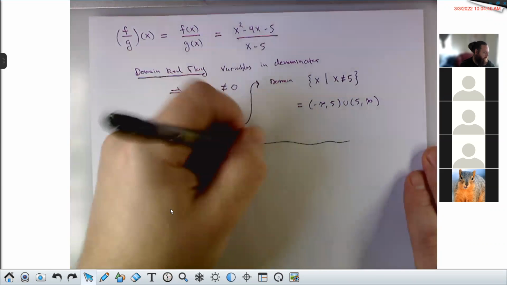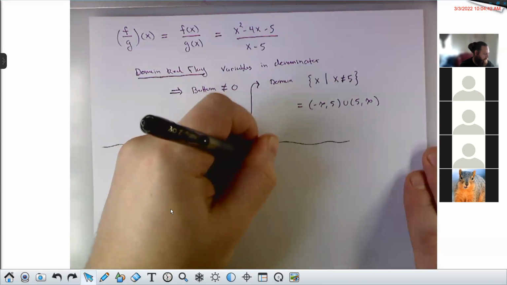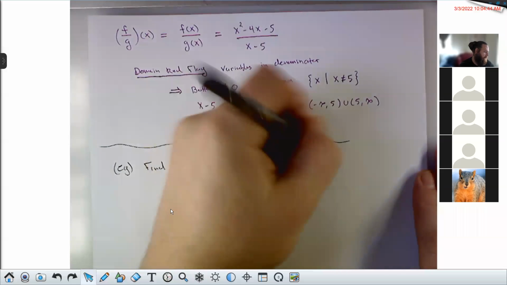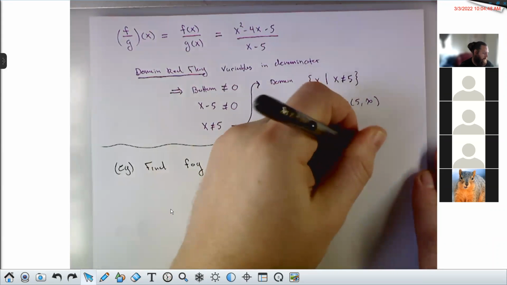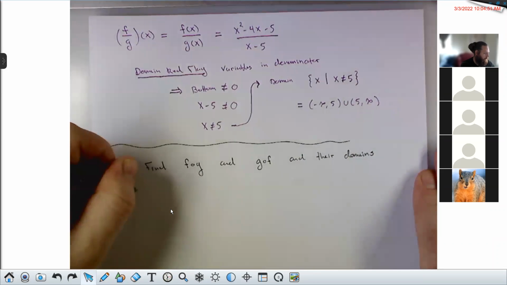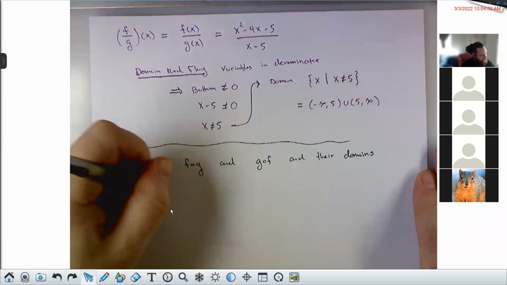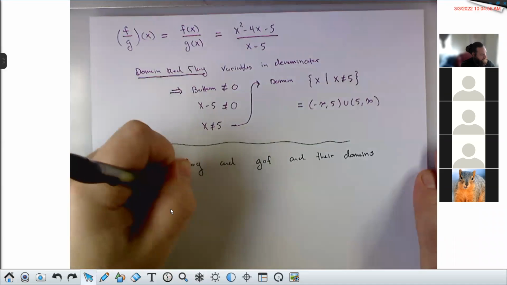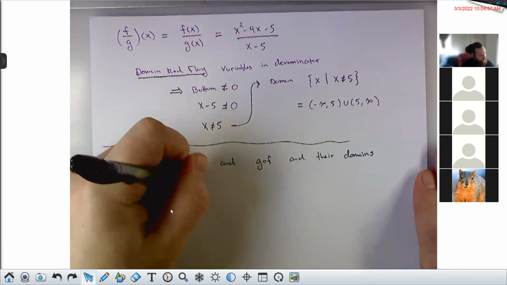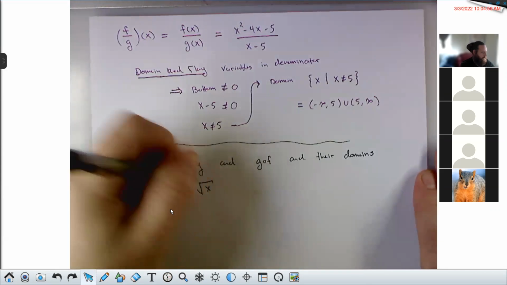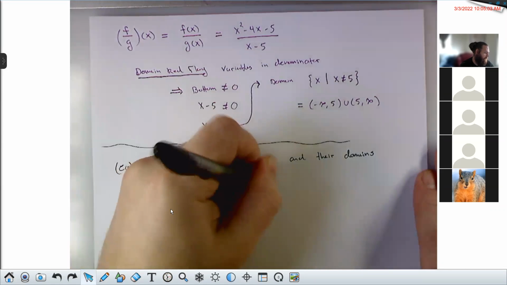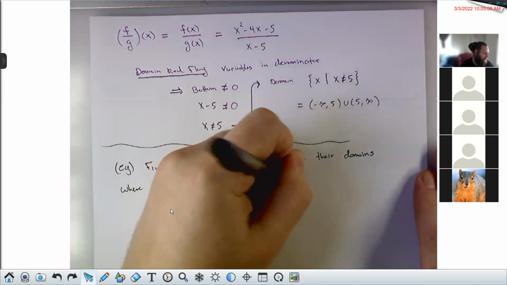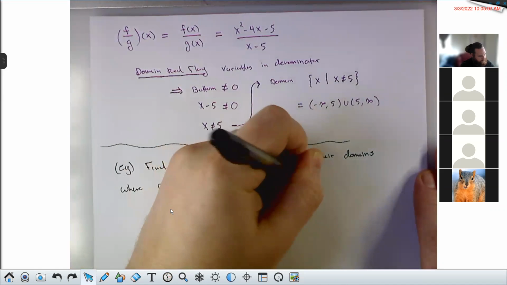Let's find f circ g and g circ f and their domains, where f of x is the square root of x and g of x is, how about, 3 minus x.